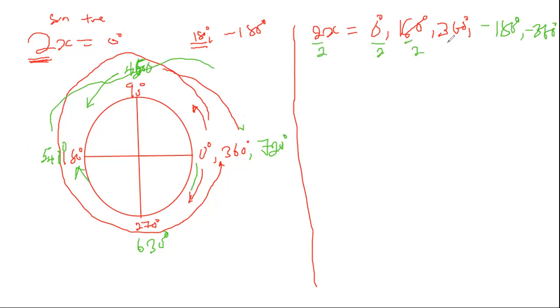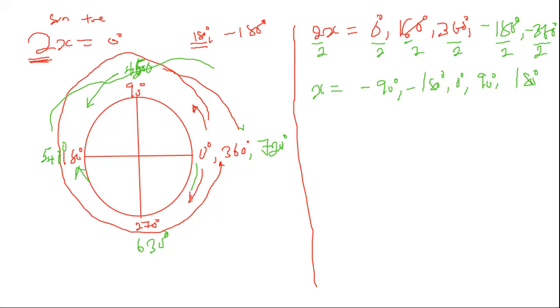For all of them, we divide by 2. And then we write our x is going to be, so it is better we begin with the negative angles. So we shall have negative 90 degrees, negative 180 degrees, then 0 degrees, 90 degrees, and 180.